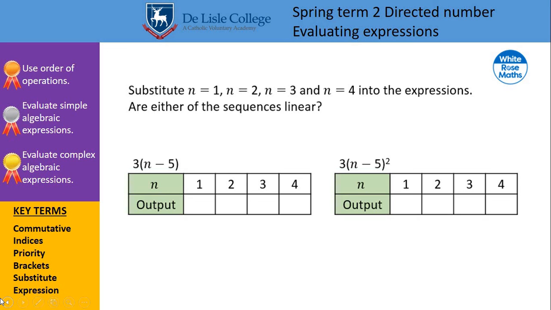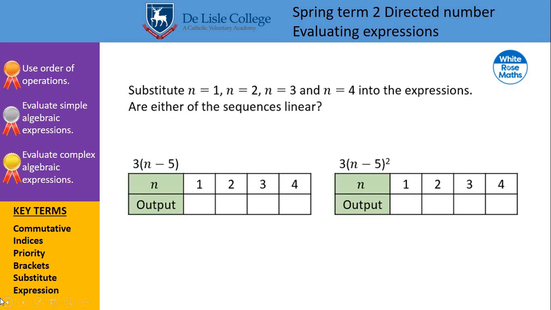And finally 3, minus 5 is minus 2. Square that is 4, times 3 is 12. Then 4 minus 5 is minus 1, squared, minus 1 times minus 1 is positive 1, times 3 gets us simply to 3. So we should have left to right reading on that one, 48, 27, 12 and 3.